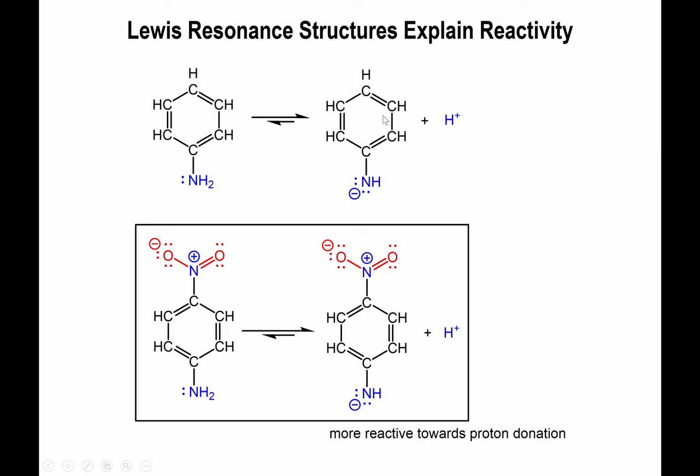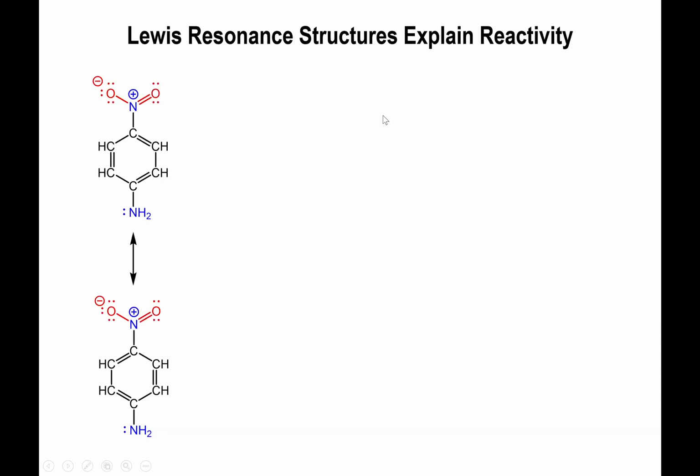And the way we explained that was based on the resonance structures that we can draw for this molecule, because it will have a lone pair on the nitrogen, which is next to that carbon-carbon double bond.